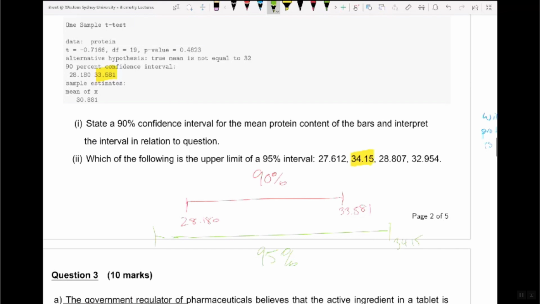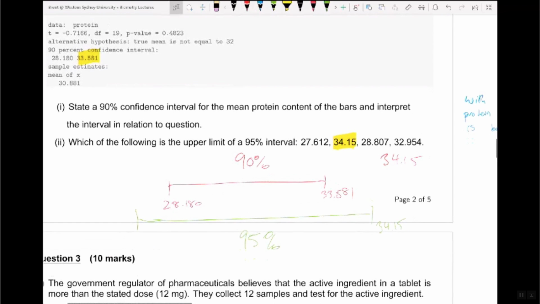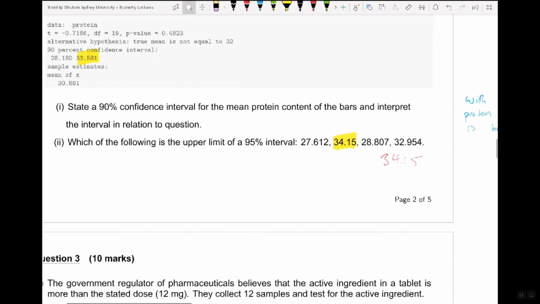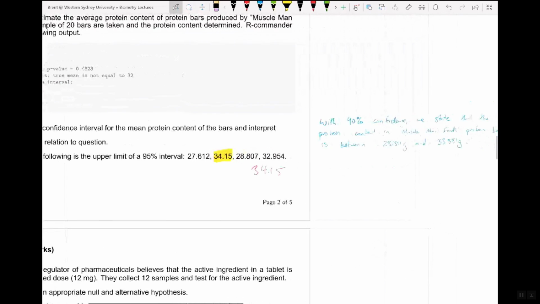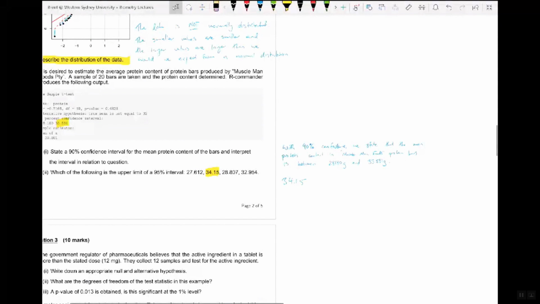So those are the two answers for those two questions. Confidence interval and 90% and 95%. Okay? So it just requires you to understand what a confidence interval is and what happens if you increase the size of your confidence. Okay? Any questions about that one? Everyone's happy? All right. Okay.